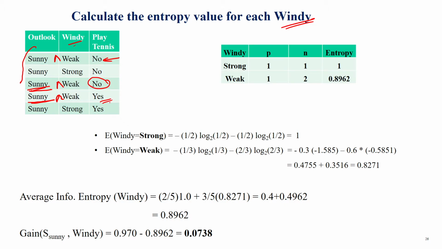So here we have to check how many yes and no. Three negative samples, two positive samples. So when outlook equal to sunny and wind is strong, entropy is 1. When outlook equal to sunny and wind is weak, entropy is 0.8271. So when you are substituting the values, information gain when outlook equal to sunny and wind is 0.0738.